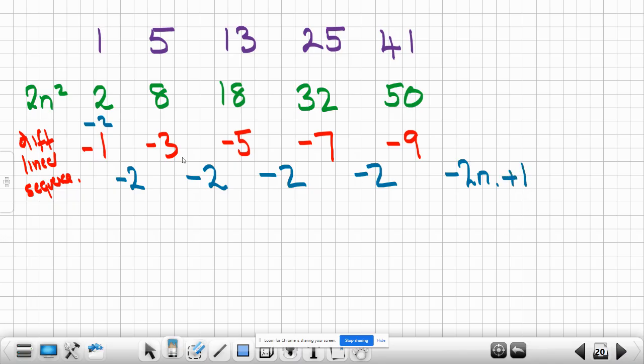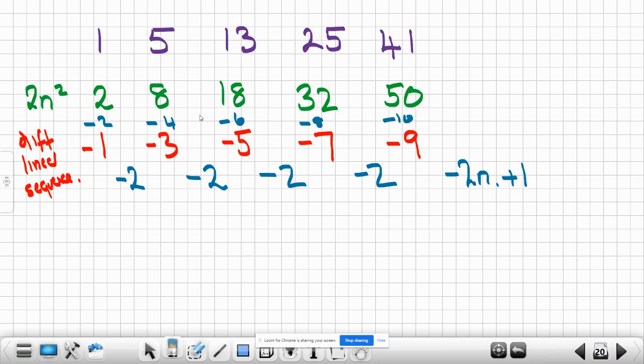You can check here because look, if we've got -3, so if we replace n with 2, then we're going to get -4 plus 1, which is -3. Or the other way, you could just put in -2.